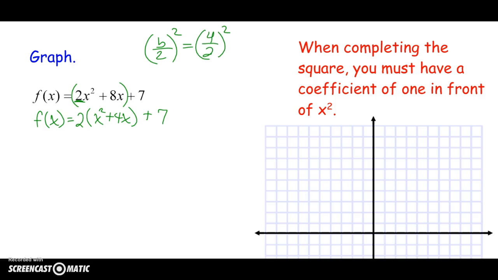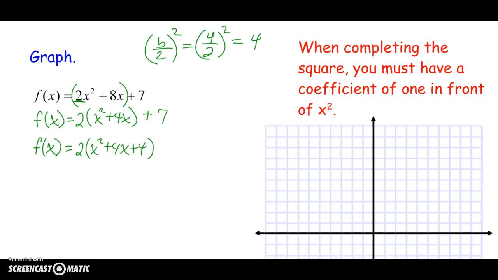We're going to take that, halve it and square it. So 2 squared, we get a number 4. That 4 needs to be added inside the parentheses. So when I copy this over, f of x equals 2 parentheses x squared plus 4x plus 4. That's going to make this trinomial inside the parentheses very easily factorable.